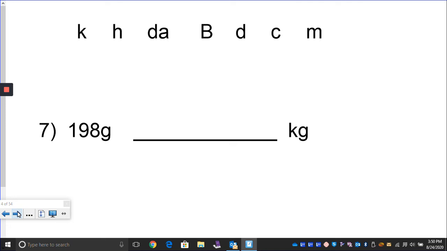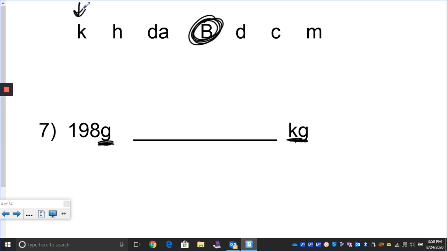Number 7. We have 198 grams. Well, we know grams is the base unit. We always start at our base unit there for grams. And we're going to kilograms, kg, the prefix K. Where is K in the top? It's going to be right here. So we start at grams, that's our base unit, and we're going to finish up at kilo over here. So you got to think to yourself, what direction will I go?